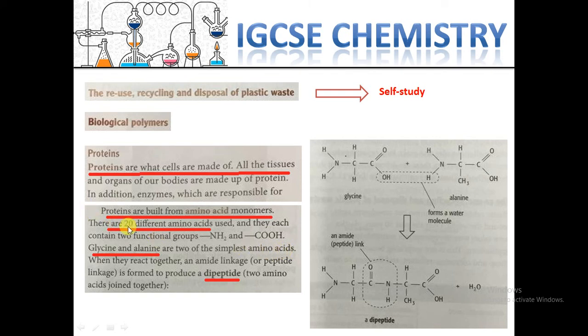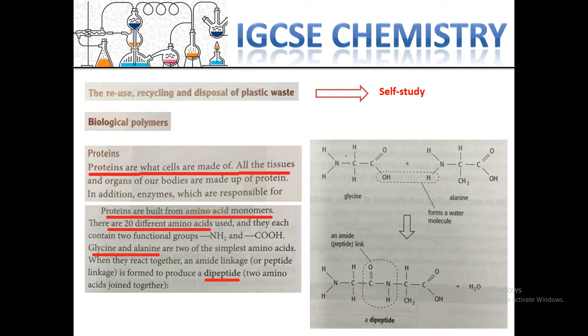So I said that we have 20 different. These two are the simplest ones, and if these two join together, then they make a dipeptide. Dipeptide is a peptide. It's not protein, because protein is a bigger size, but peptide is a small size of the protein.